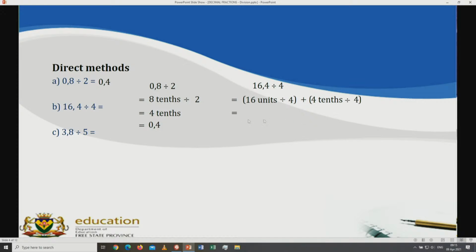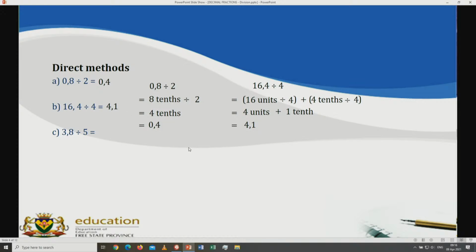Now, 4 into 16 units gives us 4 units, plus 4 into 4 tenths gives us 1 tenth. And then 4 units plus 1 tenth as a decimal is 4,1, which is our answer.